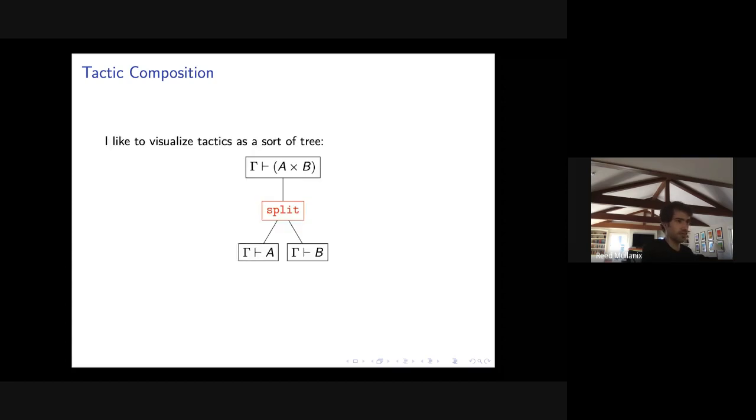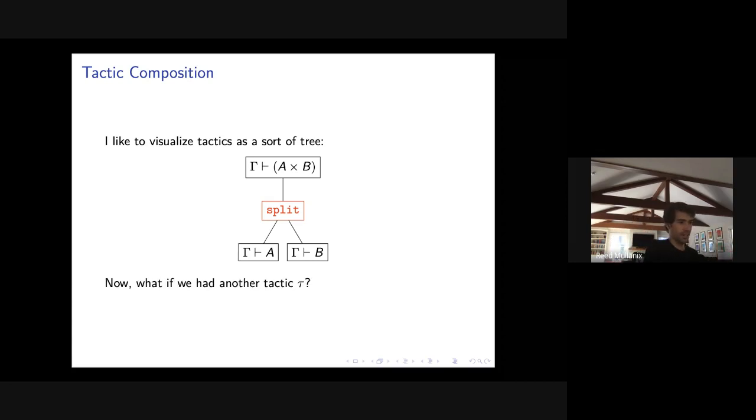I like to visualize these as a tree, which becomes helpful when you have really complicated situations. So gamma turnstile (A, B) comes in the top, and that split tactic splits it apart into two new goals.